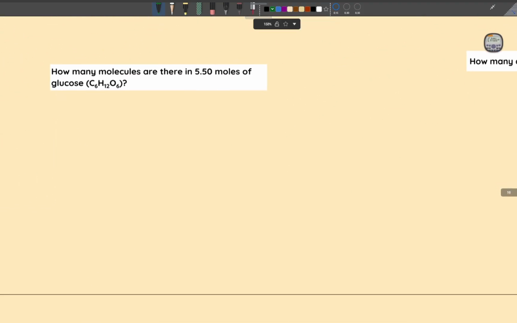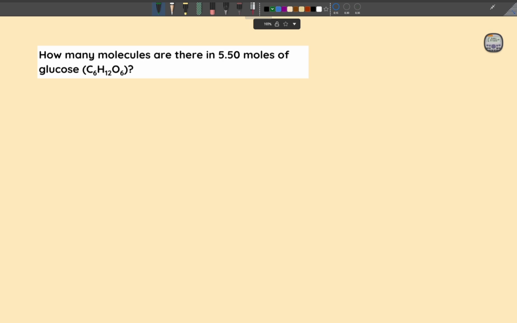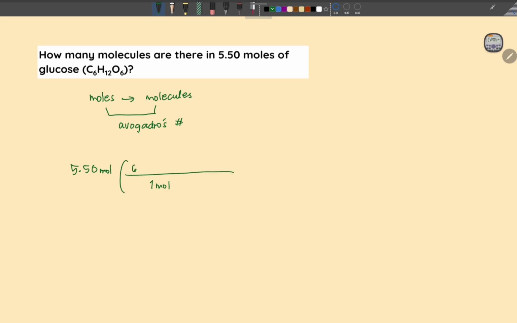Let's have another one. How many molecules are there in 5.50 moles of glucose? So the given is in moles. We're looking for the molecules. Because there's no grams, no need for the molar mass, we'll just use Avogadro's number. So we'll write the given immediately: 5.50 moles multiplied by, for every 1 mole, 6.022 times 10 raised to 23 molecules.